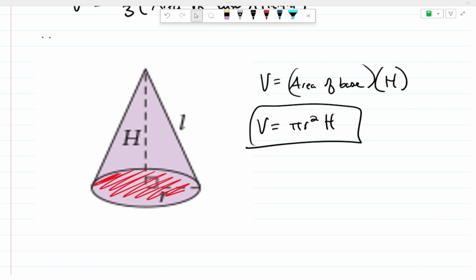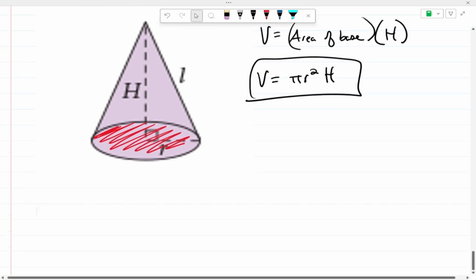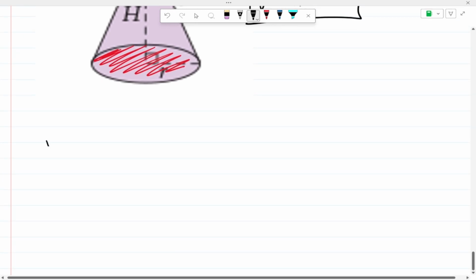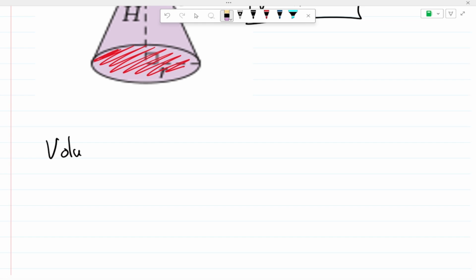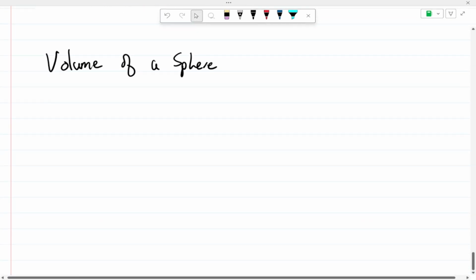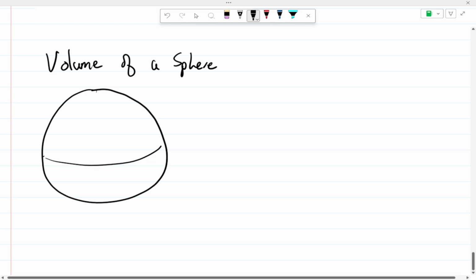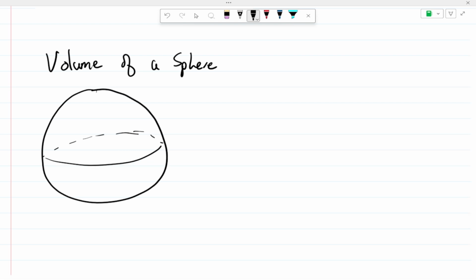And finally, we have the volume of a sphere. I'm sorry, did I say area? I'm in volume. We're in volume land. So the volume of a sphere, which is nothing more than just a ball where it's in 3 dimensions now.